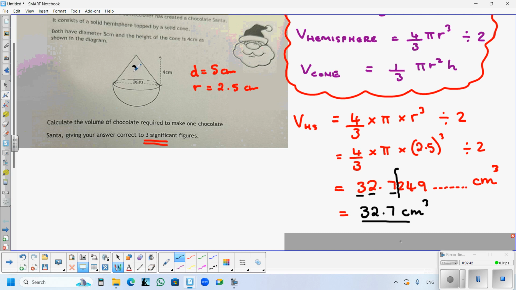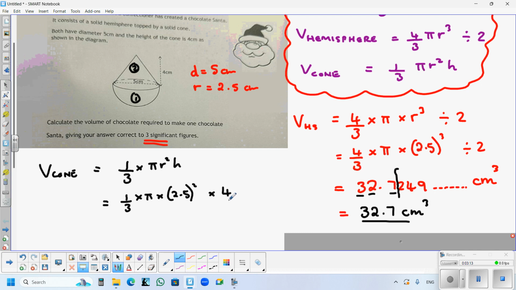Now we want to get the volume of the second part. So that's the volume of your cone, and that's the second bit. So volume of a cone we know is 1/3 times pi r squared times h. The radius is the same, so it's 1/3 times pi times 2.5 all squared, and make sure we've got the height of the cone, and the height of the cone is 4. Now sometimes they give you a full height, and I'll speak about that right at the end.